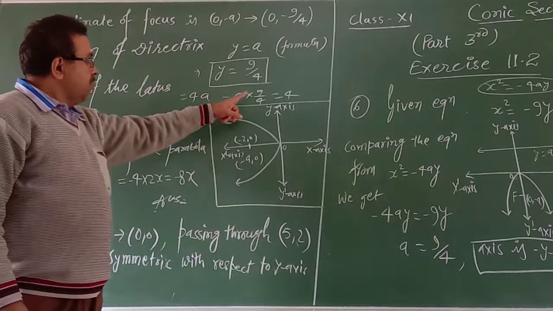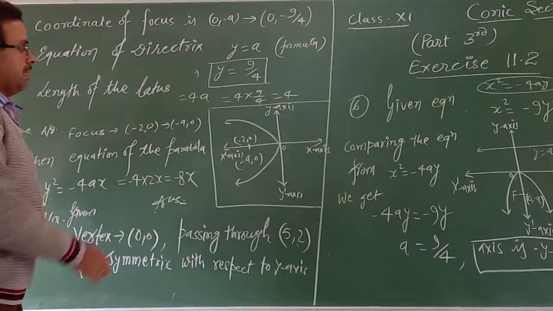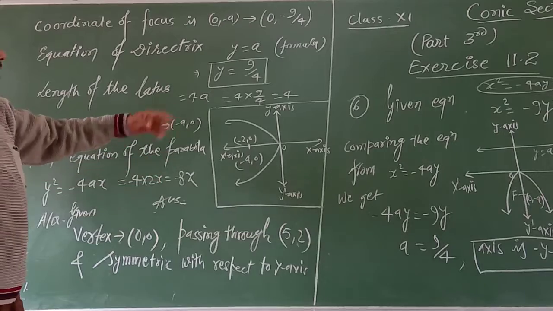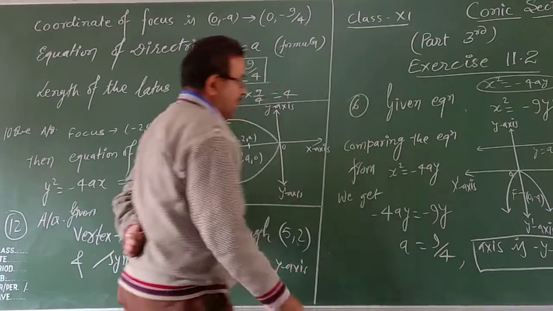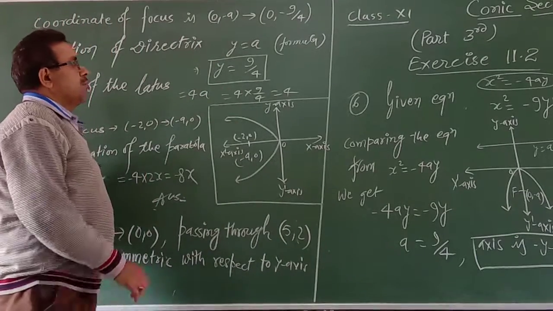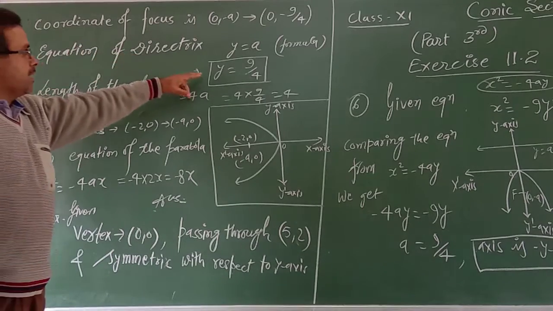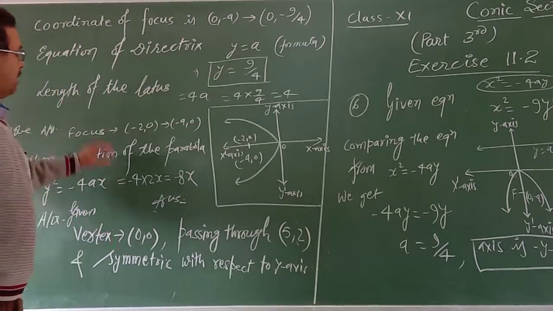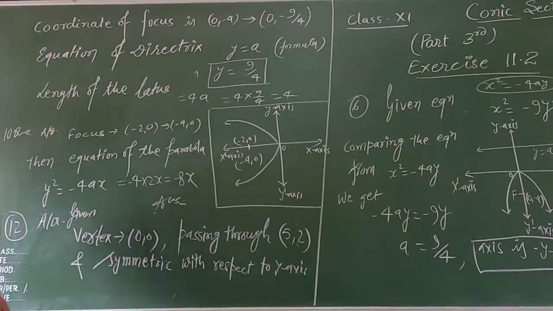After putting the value of a 9 by 4, we will get 9. Thus, the answer of these questions are respectively axis of y, negative y axis, coordinate of the focus 0, minus 9 by 4, and equation of the directrix y equal to 9 by 4, and the length of the latus rectum is equal to 9.